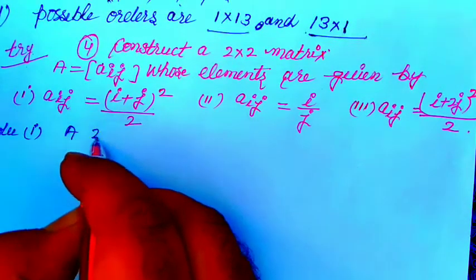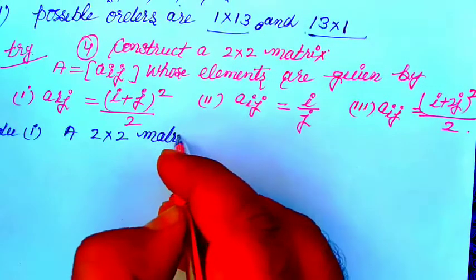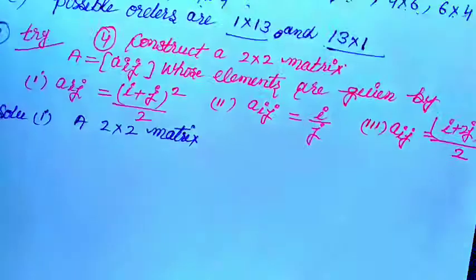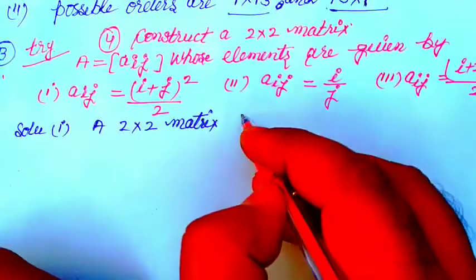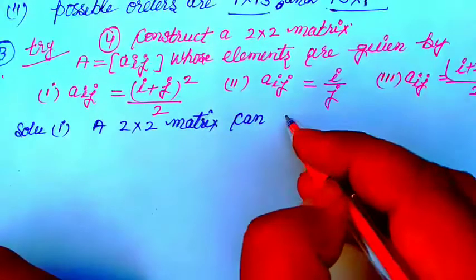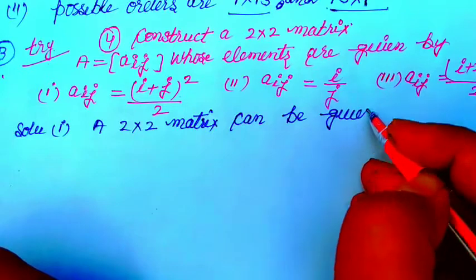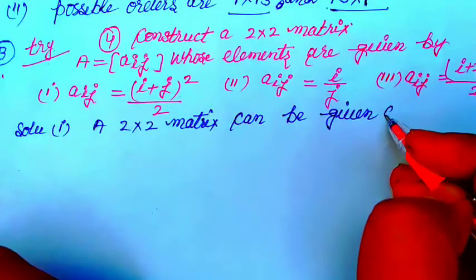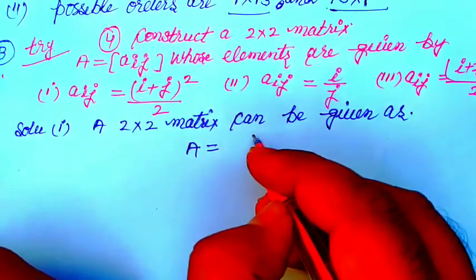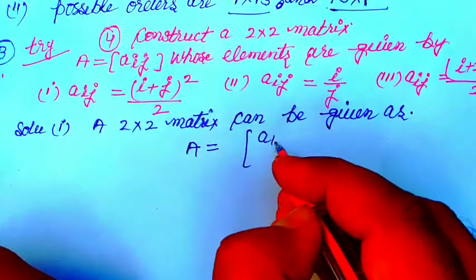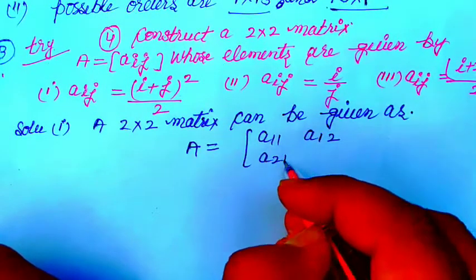A 2 by 2 matrix can be given as A equals A11, A12, A21, A22.